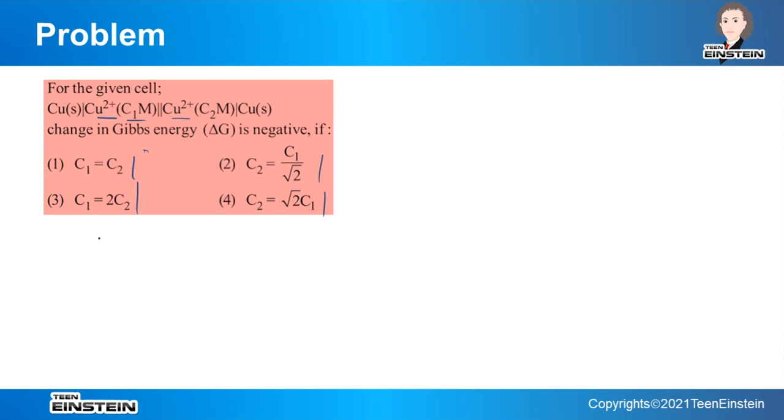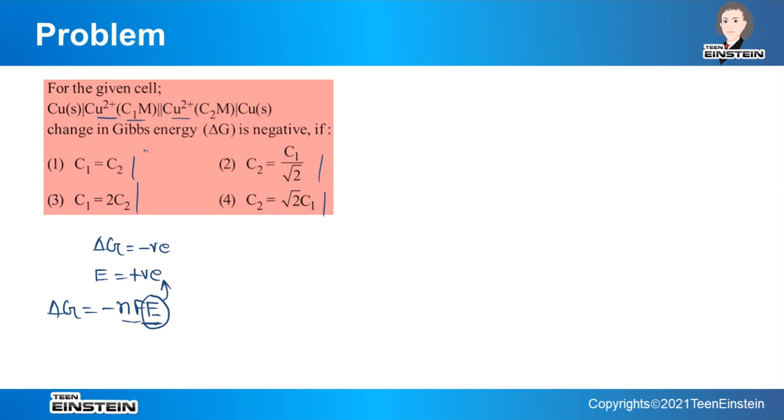Now from the relation, del G negative means that E must be positive. Because del G is related to E by a negative sign there. So if E is positive, then only del G value can be negative, because n and F are never negative.